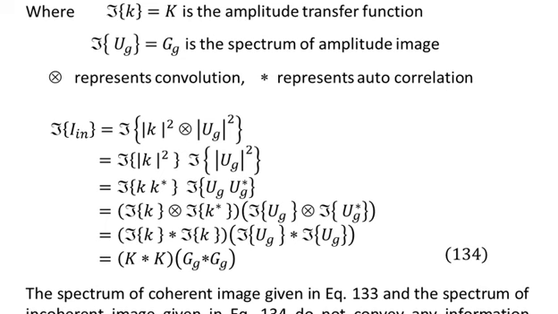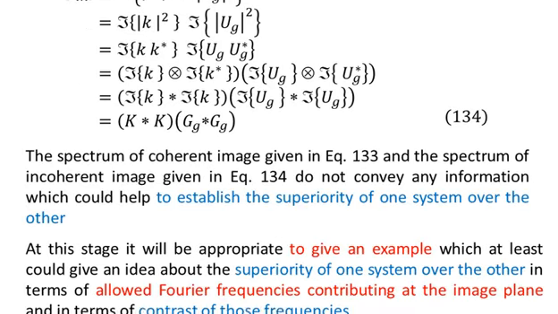So you see that finally, representing the Fourier transform of K by capital K, and the Fourier transform of UG by capital G with small g as a subscript, we have obtained the Fourier transform of the incoherent intensity, that is the incoherent spectrum of the intensity image, on the right hand side as given in equation number 134.